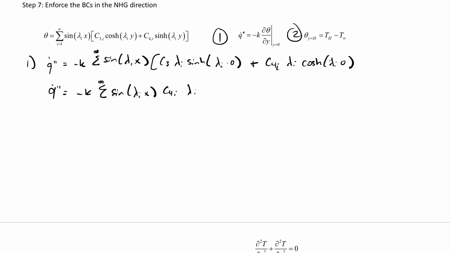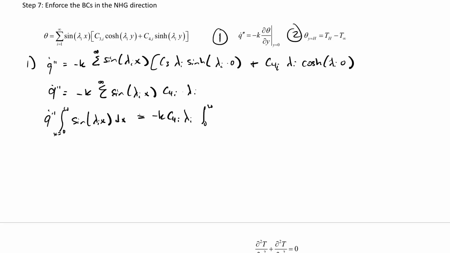Okay, so to do that, we say q dot double prime times the integral from 0 to w of sine lambda I times x dx, that's our eigenfunction there, is equal to minus k C4I lambda I times the integral from 0 to w of, on the right hand side, sine lambda x, so that becomes sine squared of lambda I x dx.